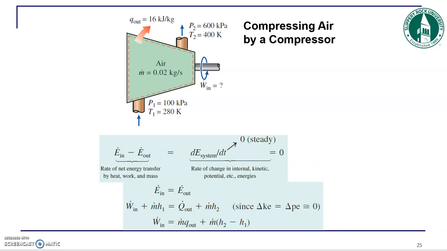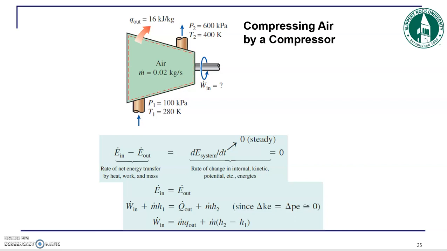Temperature changes since your pressure is changing, and there is a heat transfer in this specific example, and it also basically requires some work. So compressors and pumps, as opposed to the turbines, require some work input from some source.